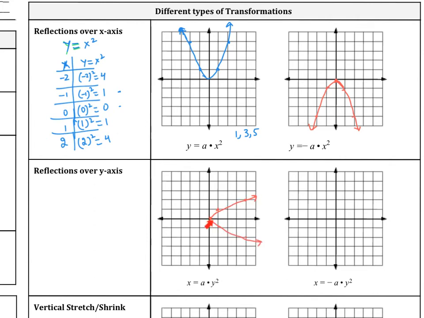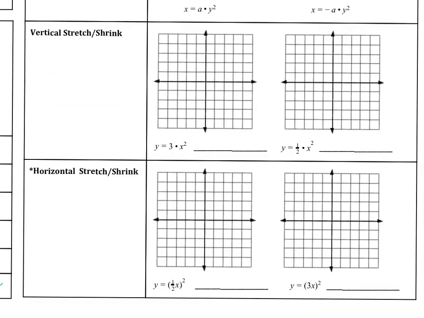This type of graph is a reflection over the y-axis from the original graph, that is y equals x squared. And this graph is going to be the reflection of the graph that is negative x equals negative y squared.